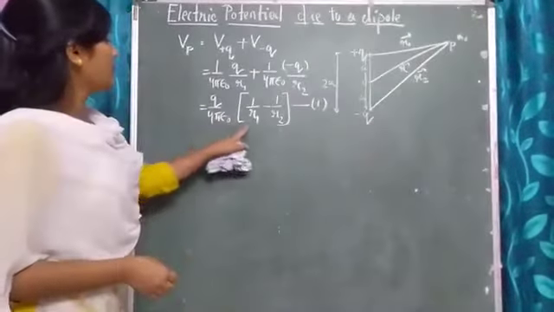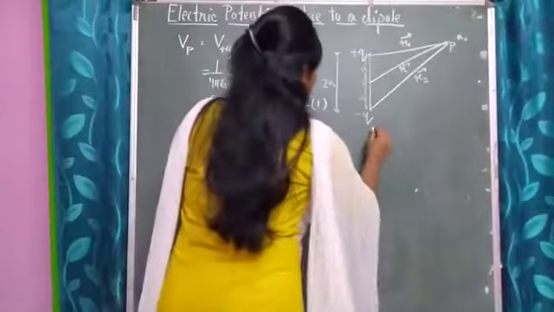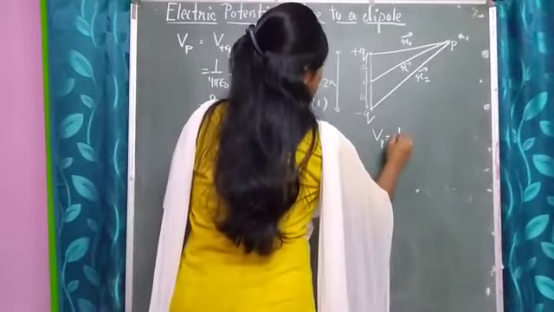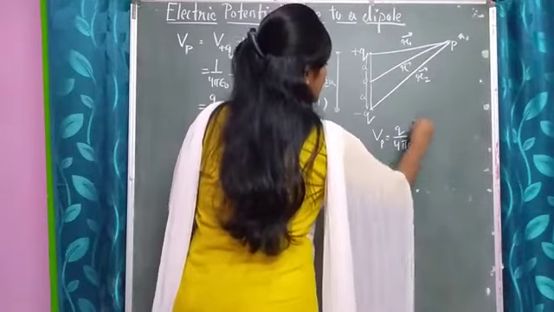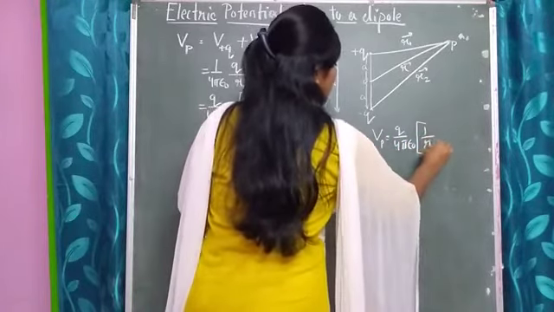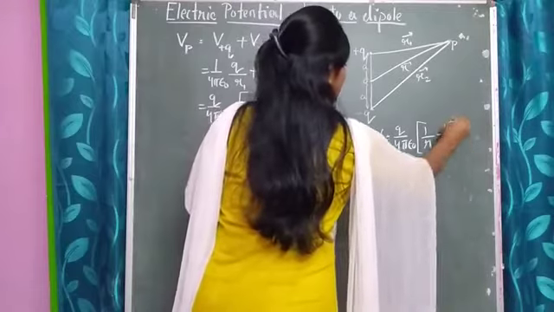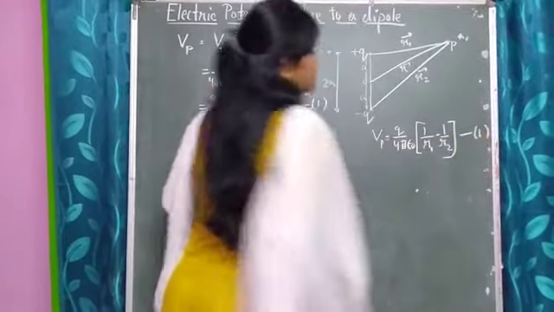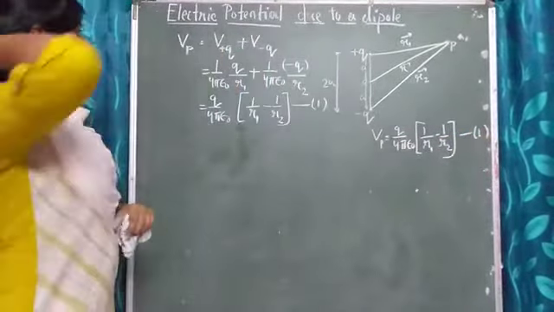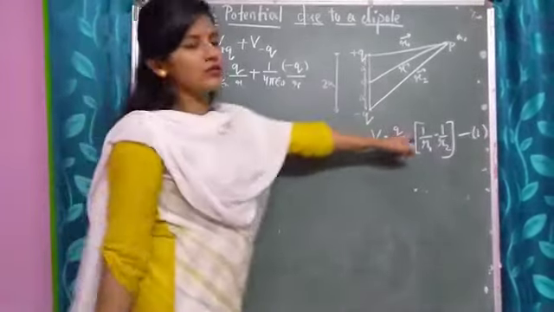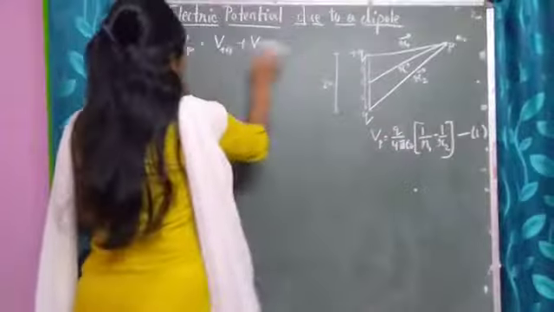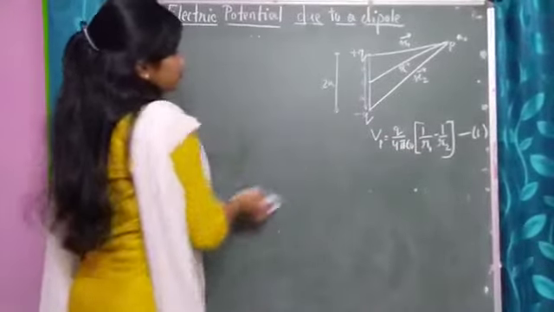Now I will write this equation here: V at P is equal to q by 4 pi epsilon naught times (1 by R1 minus 1 by R2), as my equation 1.